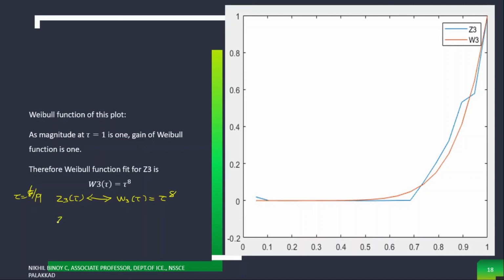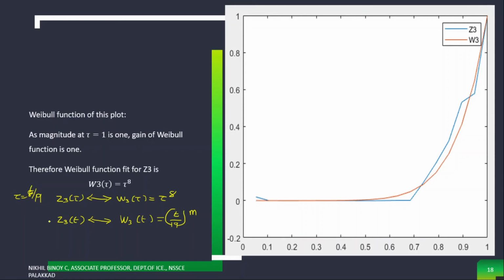So now what about Z3 of t? Z3 of t is equal to W3 of t, that is nothing but replace tau with t by 19. So we have t by 19 all raised to m. We can represent Z3 of t where tau is equal to t by 19.